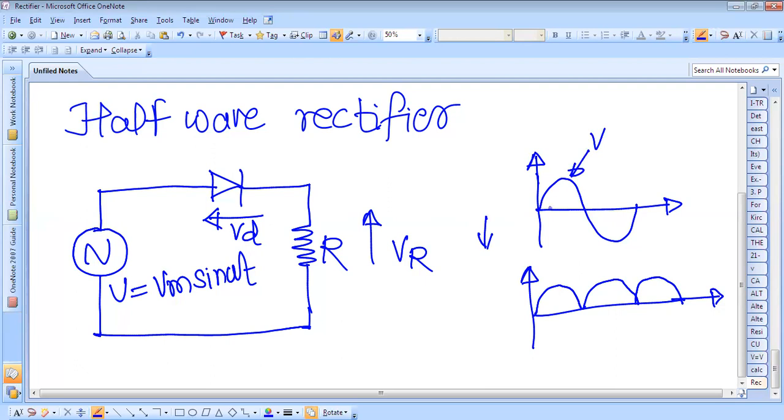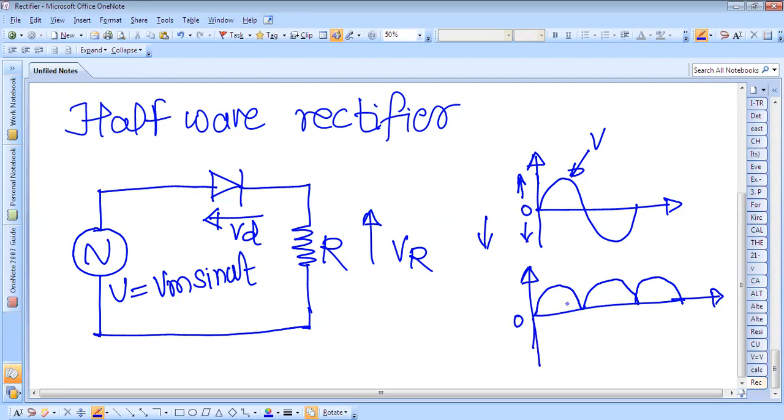this is a bidirectional voltage, because we are getting the voltage on the positive side as well as the negative side. Here on this side it is positive, on this side it is negative. So here we are getting the voltage on both sides, but here we are getting the voltage on the positive side, and on the negative side we are getting zero voltage.